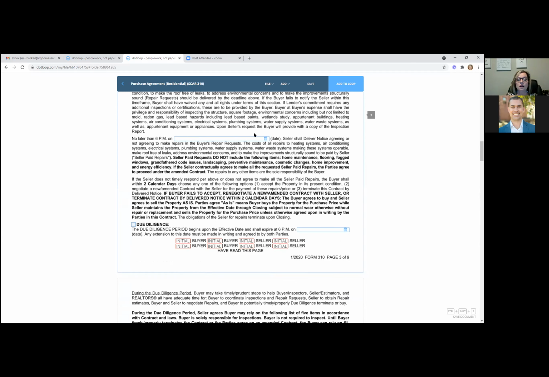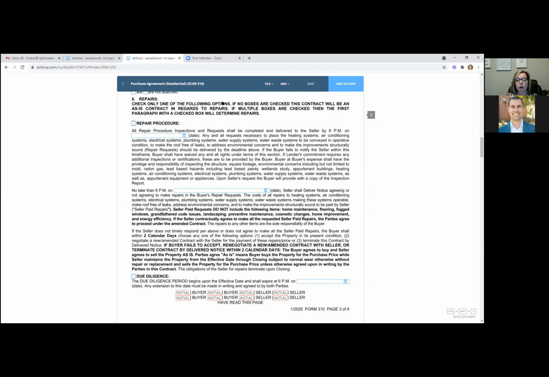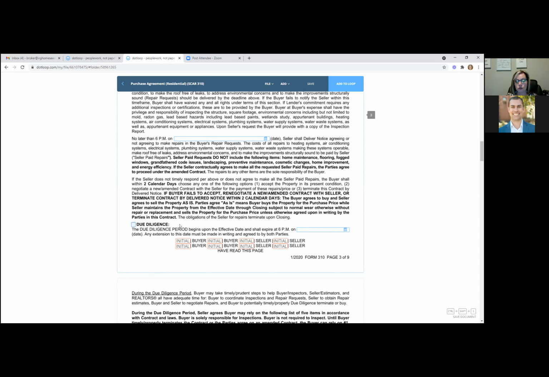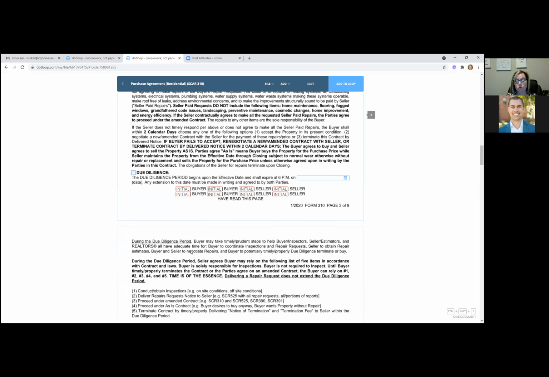Sometimes I even cross through repair procedure. Well, actually, what I do is in Dotloop, I add a strike through across this paragraph. I add a strike through across due diligence. I add a strike through across as is.